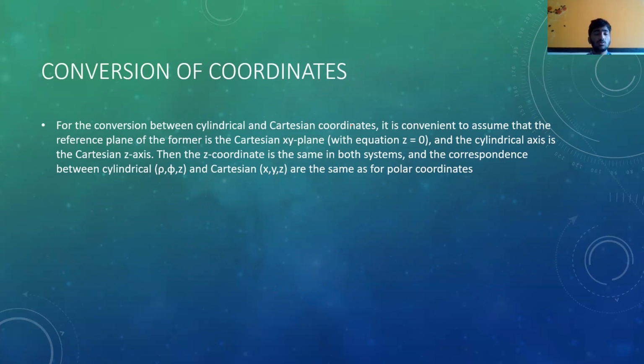The correspondence between the cylindrical and Cartesian xy axes is the same as polar coordinates. As discussed earlier, the z-axis of the cylindrical coordinate system coincides with the z-axis of the Cartesian form, so z can easily be converted from Cartesian to cylindrical.